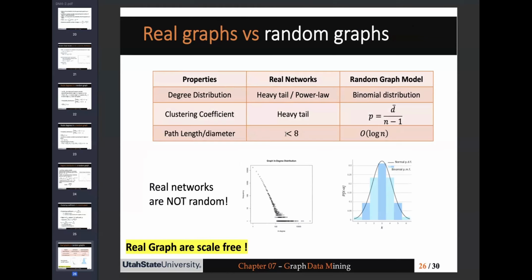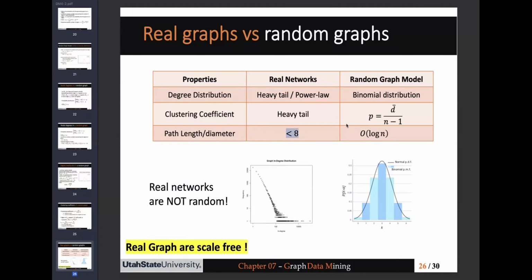So in other terms, we say that real networks are scale free, or we're talking about a small world network. If you're within a few hops, I'm able to reach anybody in the network, like we said for the case of the Facebook network, right?